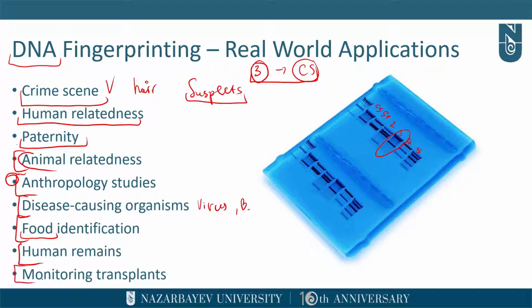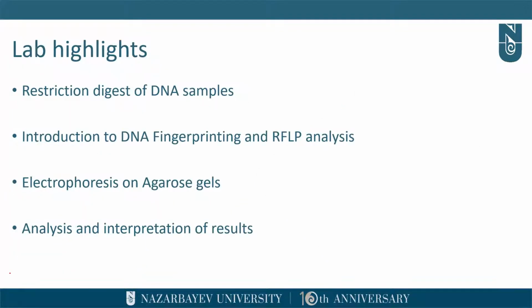And the monitoring of transplants, of course, now we have better methods to monitor the transplants, but before we had them, we were using the RFLP method very widely in transplantation.